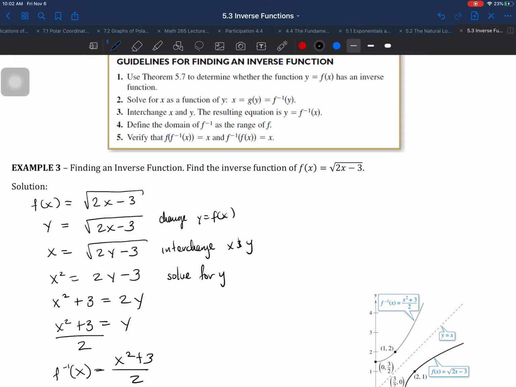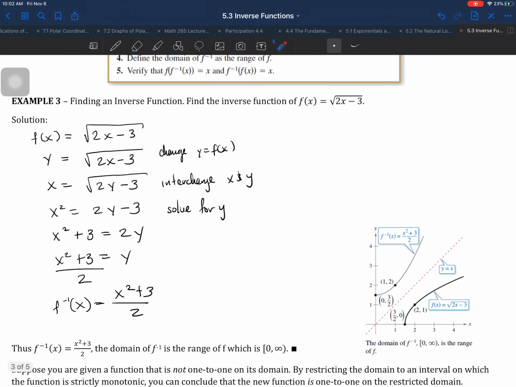So once you interchange them, you're going to start solving for y by undoing operations. We're going to undo the square root by squaring both sides, and then we're going to add 3 on both sides, and then we're going to divide by 2 on both sides. So there you go, we solved for y. Once you have solved for y, this new y is going to be your f inverse.